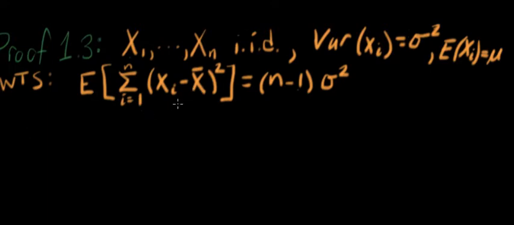Okay. So we're actually going to do this in 2 steps. In the first step, we're just going to take what's inside this expected value here, and show a different way to express it that will be useful to us.